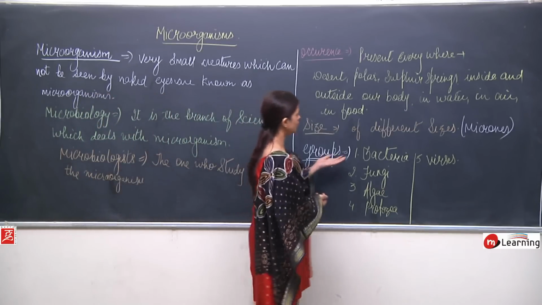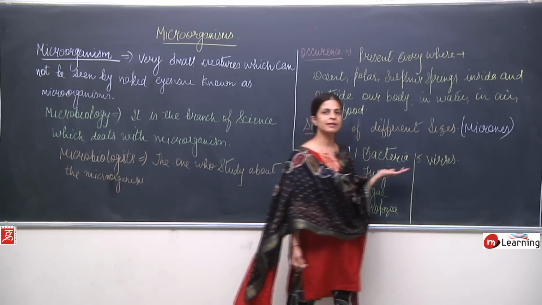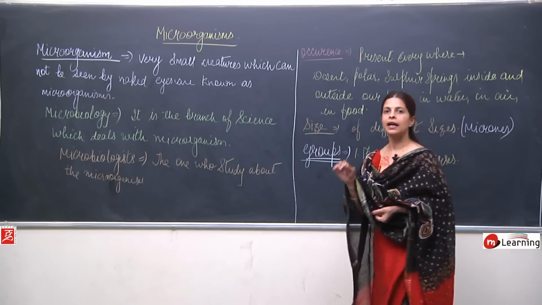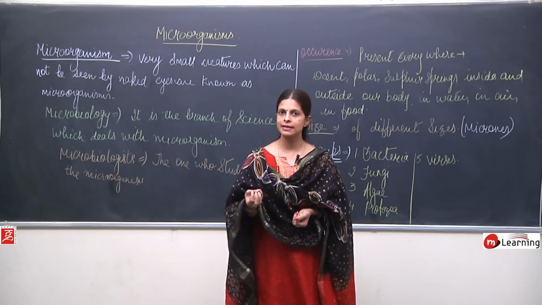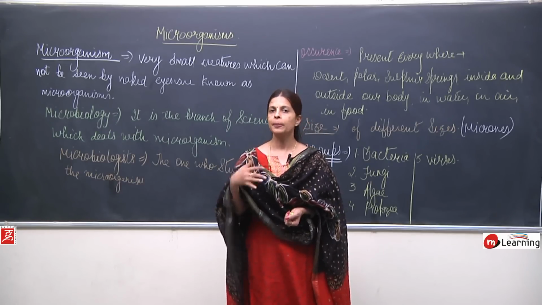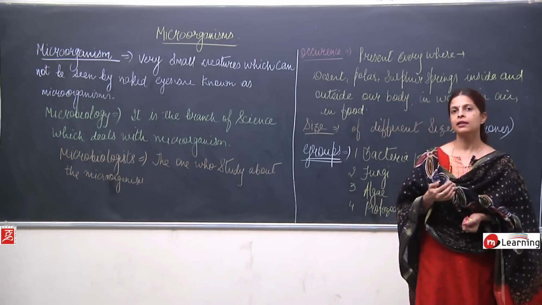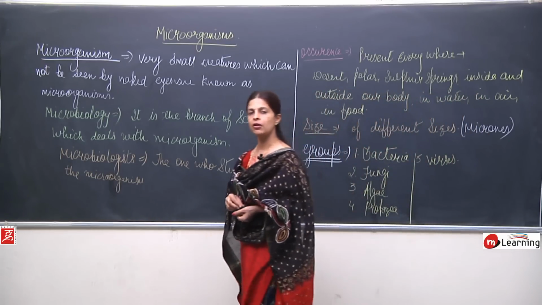So first of all, as the name bacteria I have written over here, we are going to discuss the bacteria. Till now we have studied that these small organisms which we cannot see are known as microorganisms. The one who studies them is a microbiologist. The study of the microorganisms is known as microbiology.